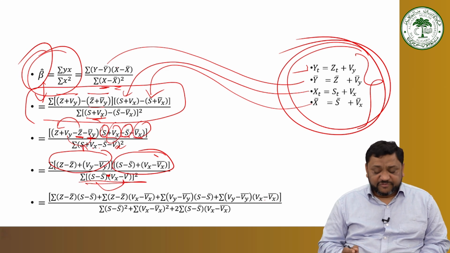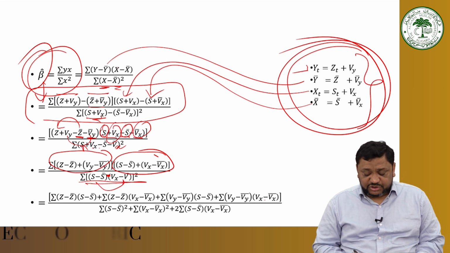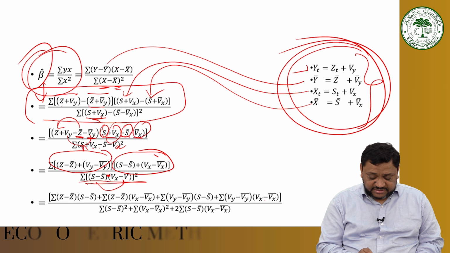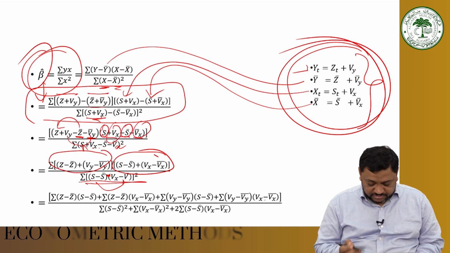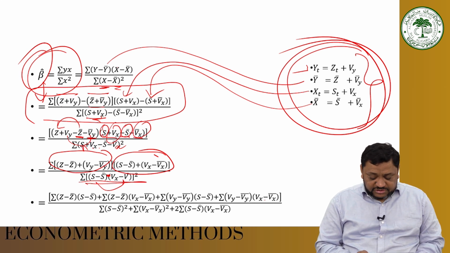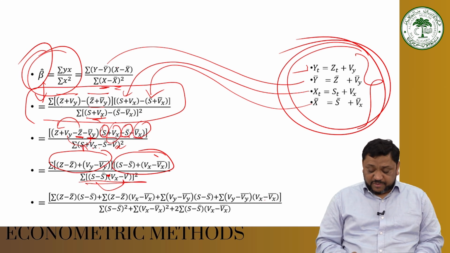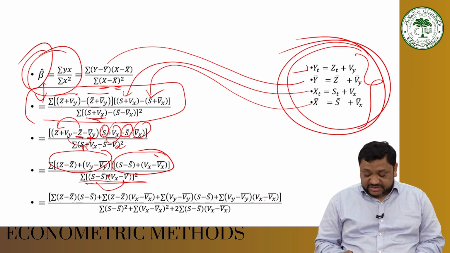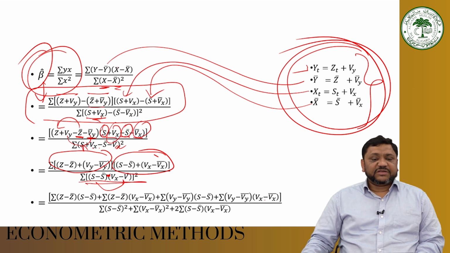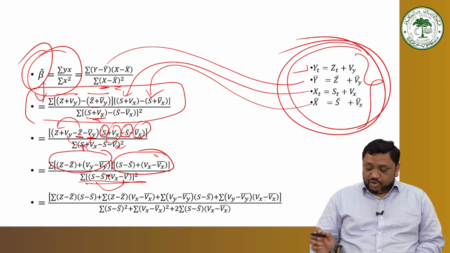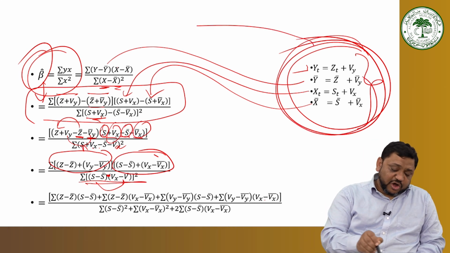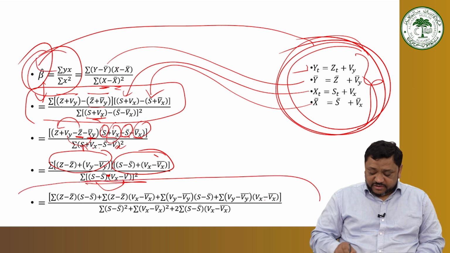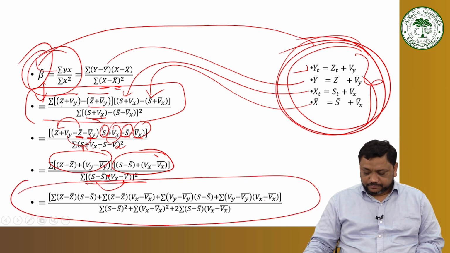We can write it in the formula of a square plus b square minus 2ab. The minus sign is missing over here, please just adjust to it. So summation s minus s bar square plus summation vx minus vx bar square plus 2 summation s minus s bar vx minus vx bar. So upon incorporating all of these into this, we get this equation.